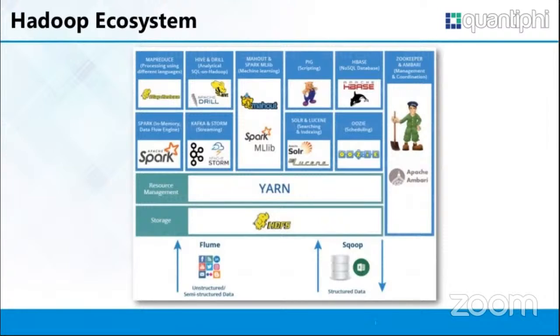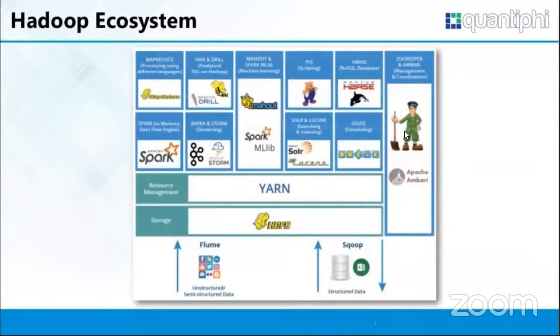But to take care of all this ecosystem, to monitor all of this, there is one more component on the very right hand. You can see Zookeeper. One person is standing there, keeping track of all the ecosystems, whether they are working properly or not. That is the concept of the ecosystem.